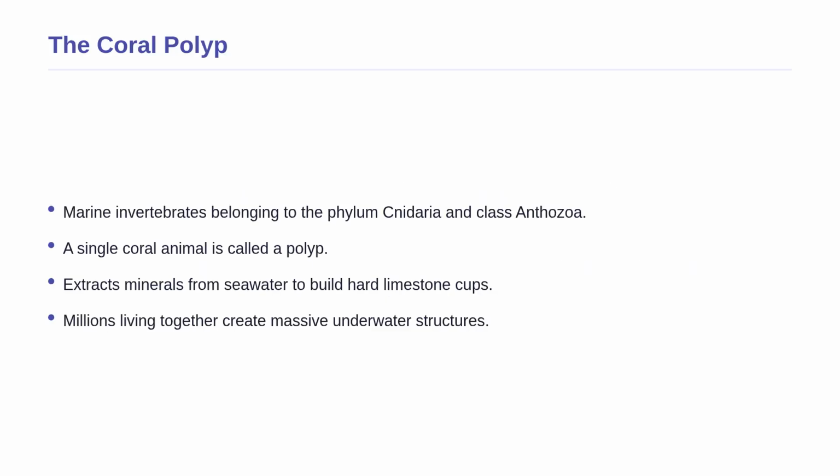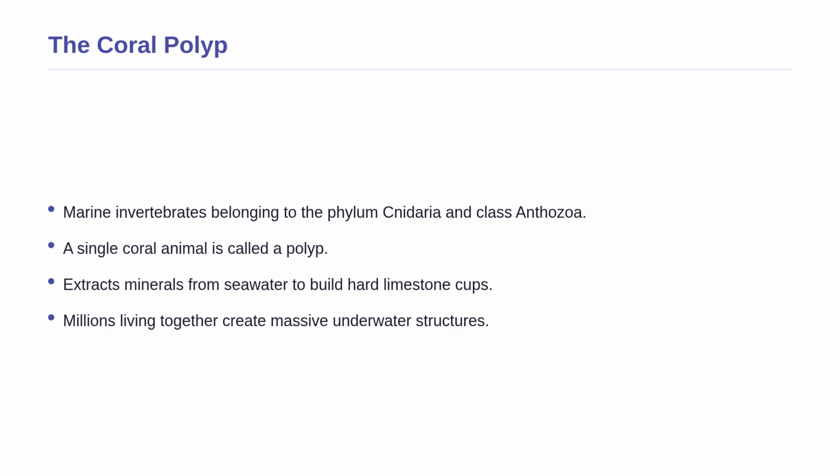To begin our journey, we must first understand what a coral actually is. While they might look like colorful rocks or plants, corals are actually marine invertebrates belonging to the phylum Cnidaria and the class Anthozoa. A single coral animal is called a polyp. Think of a polyp as a tiny, soft-bodied builder.